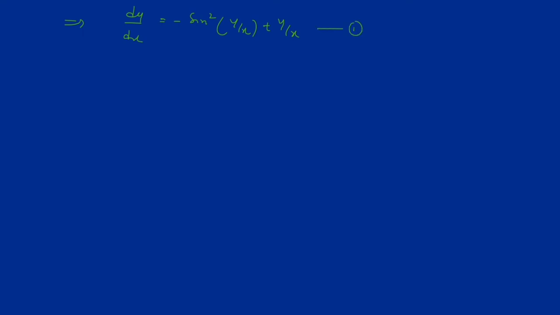So now again this is also homogeneous only, right? So put y equals vx so that dy by dx equals v plus x dv by dx.